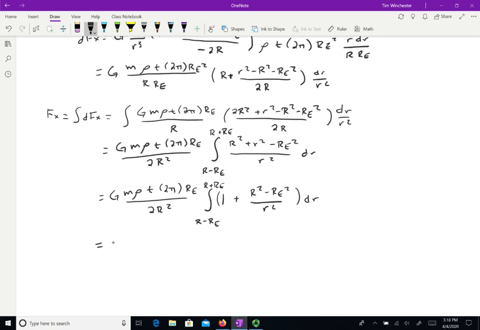So now when we do it, we're going to get G m rho t times 2 pi R_E over 2 big R squared. Integrating 1 is going to just give me r. Integrating 1 over r squared will give me minus 1 over r, with the same limits.